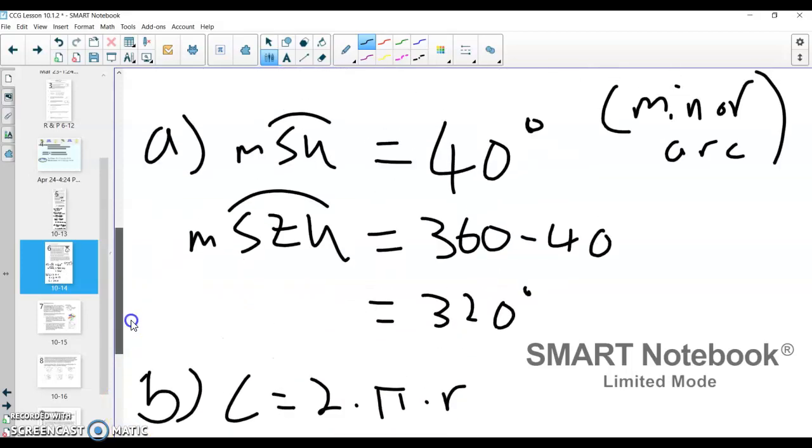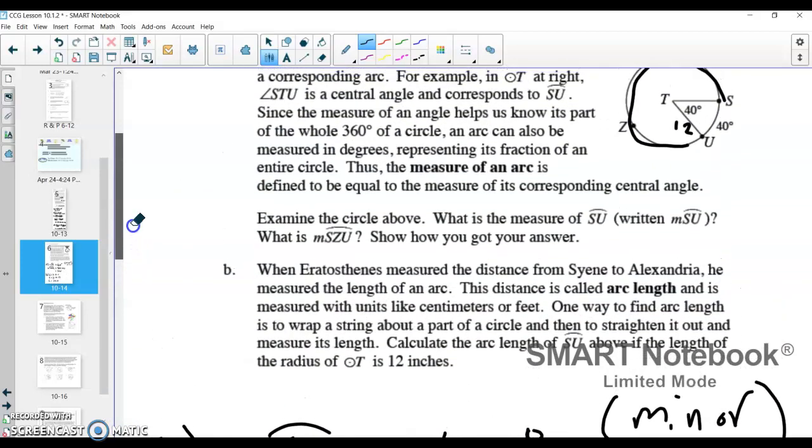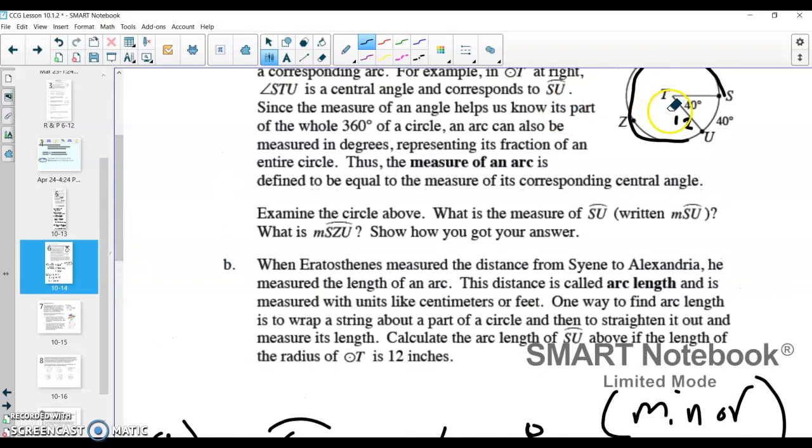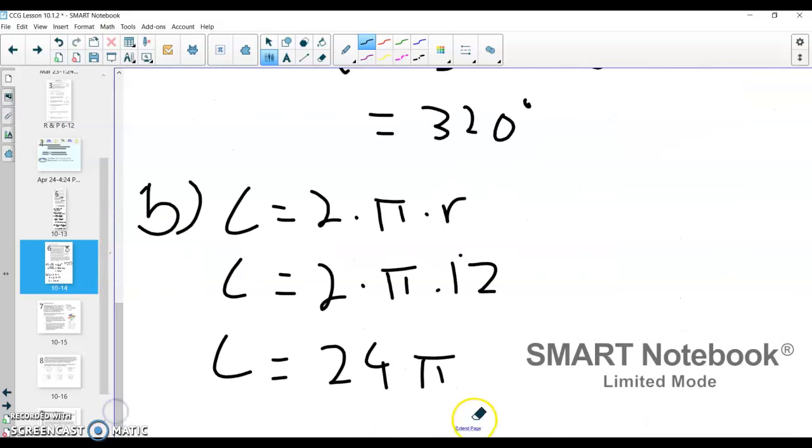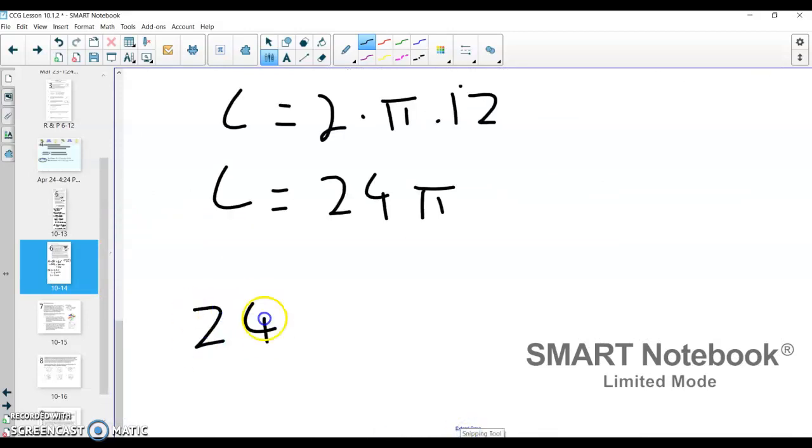Now that 24 pi is my entire circumference, but I don't want my entire circumference. I just want this little slice right here. That little slice is 40 out of 360, and that's the portion I'm going to use. So I'm going to take my entire circumference, 24 pi, and multiply it by my portion, 40 out of 360.